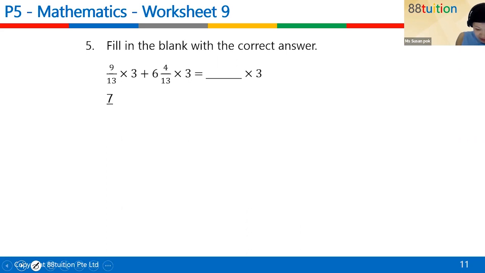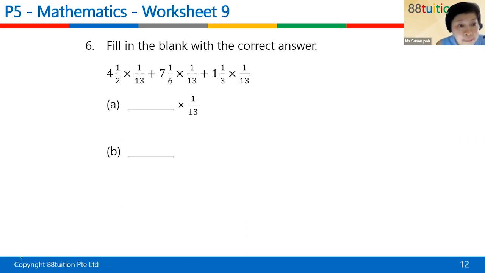Okay, let's take a look at the next one while I go on to prepare. Question 6, 4.5 times this plus this times this plus this times this. So you see a common term or not? Very good. I have multiplied by this, this, and this. So technically this is grouping. 4.5 groups.